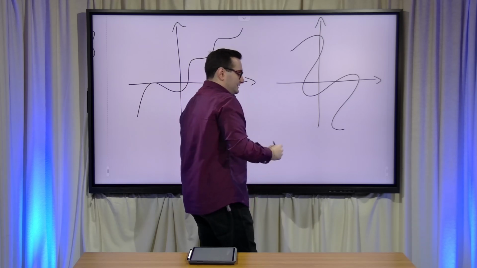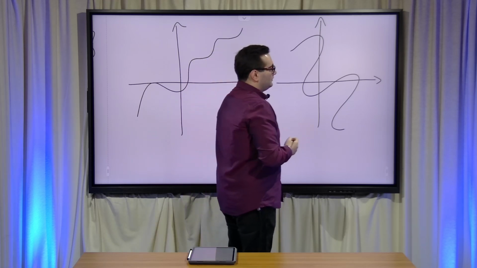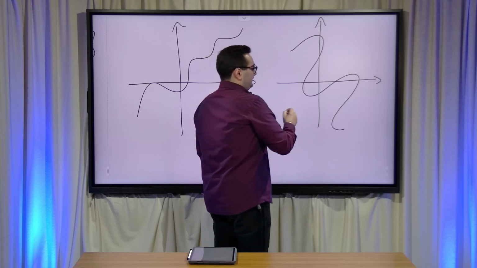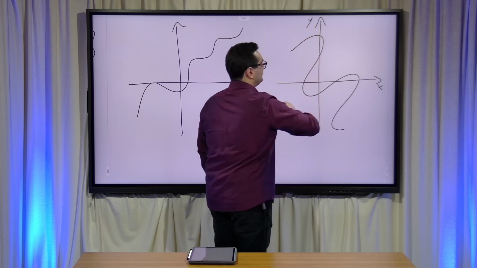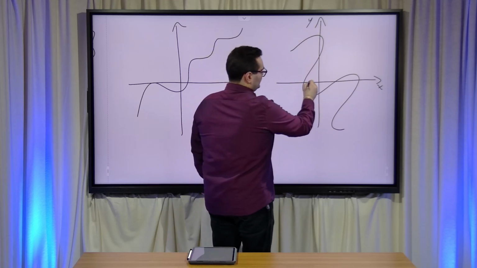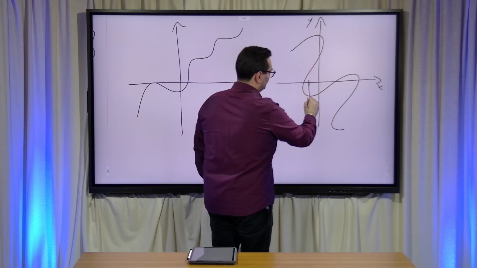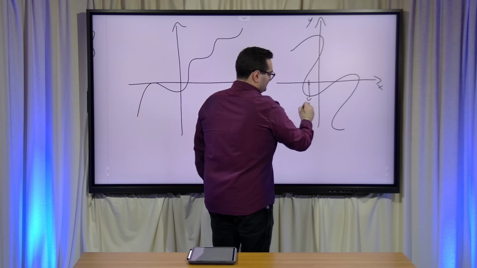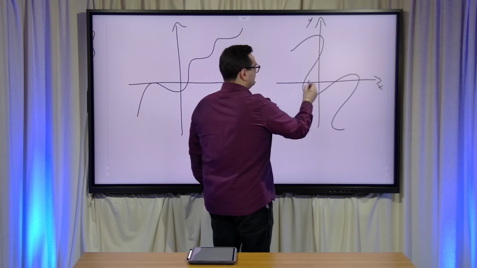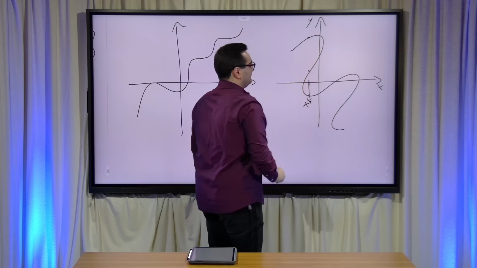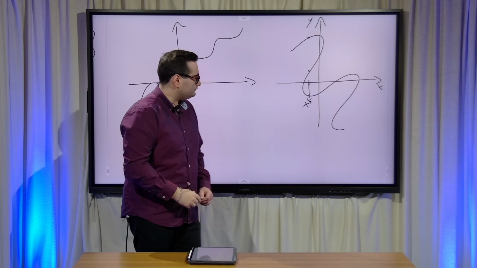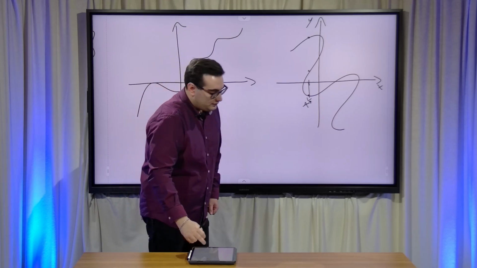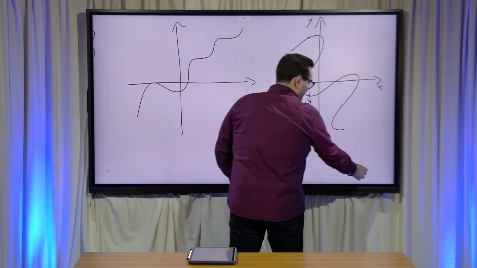A function is an object that assigns to each element of x one and only one element of y. But let's consider this one, for example. This x star is assigned to more than one element of y. So this is not a function.